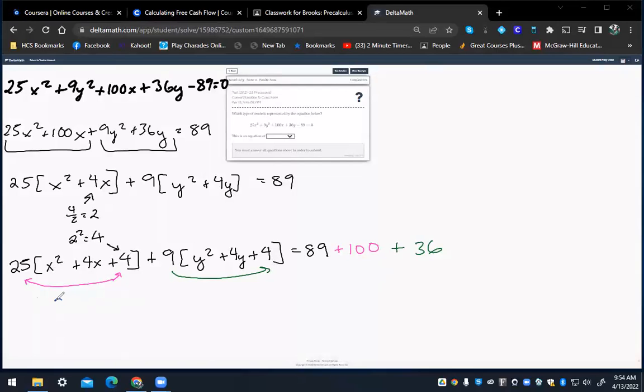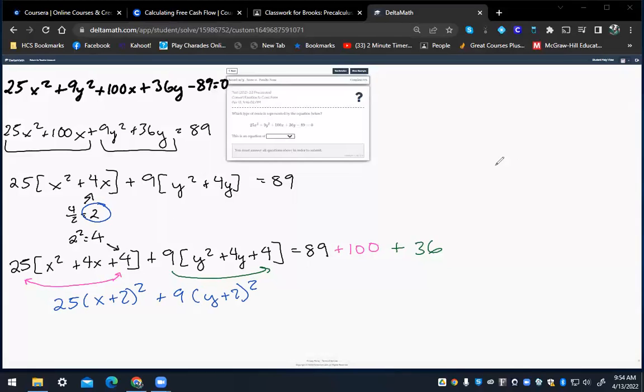So we're going to do 25 times x plus 2 squared. Why 2? Because remember, that's my b over 2 value. Same thing with the y's: 9 times y plus 2 squared.